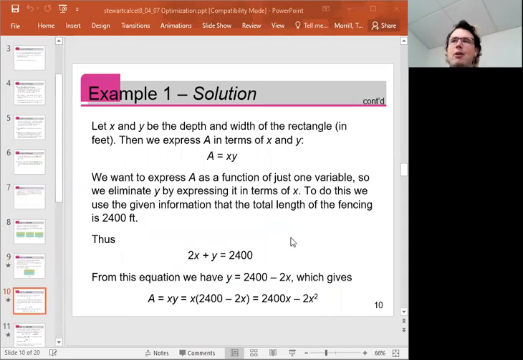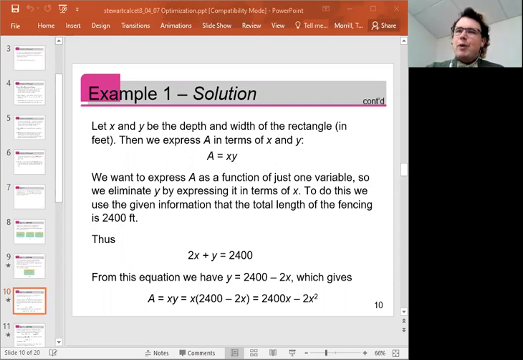However, there is a constraint. I don't get to just pick my x and my y to be whatever I want them to be. My x and my y together need to represent 2,400 feet of fencing.